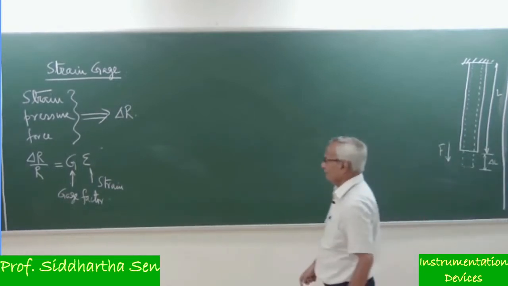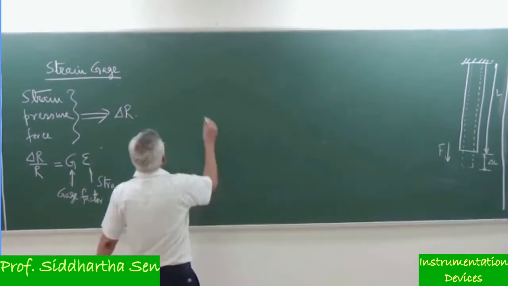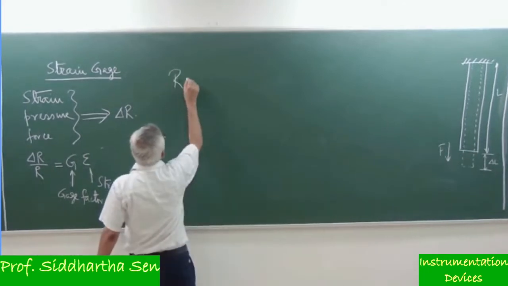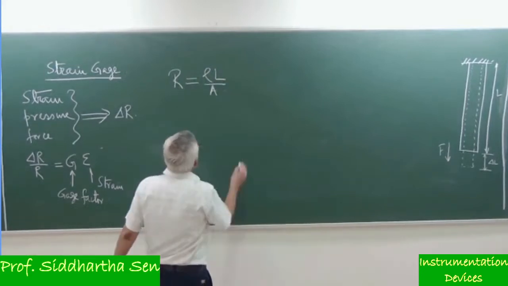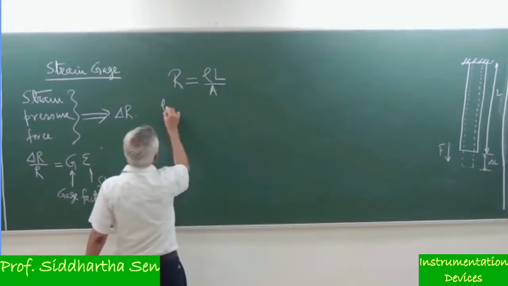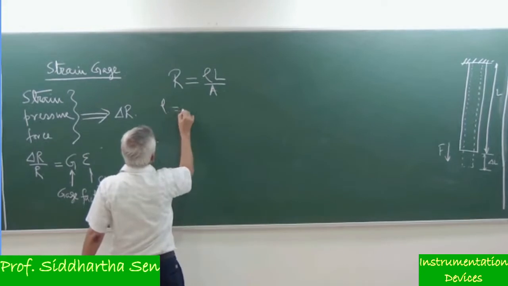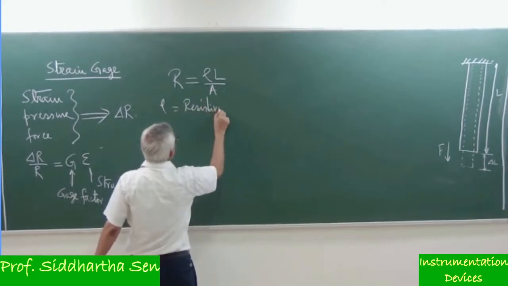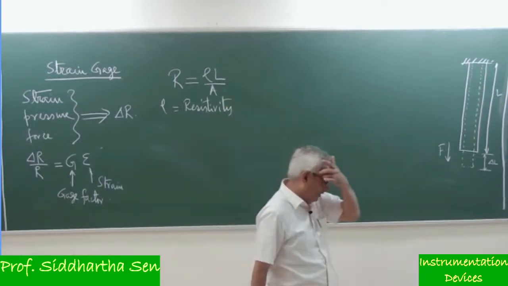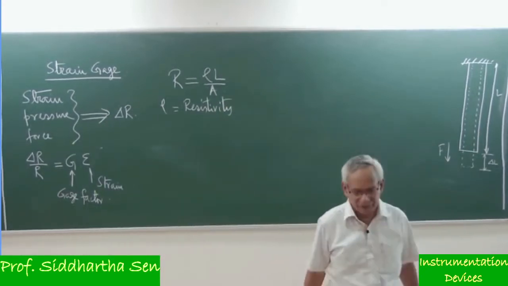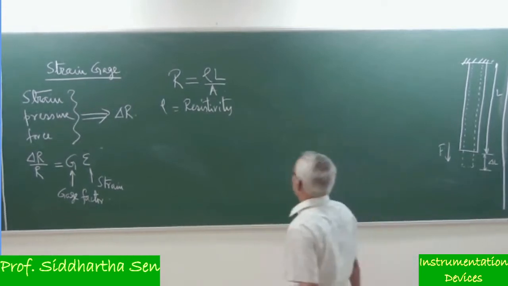We know the basic relationship of resistance: R is equal to rho L by A, where rho is the resistivity, L is the length, and A is the area of cross section.